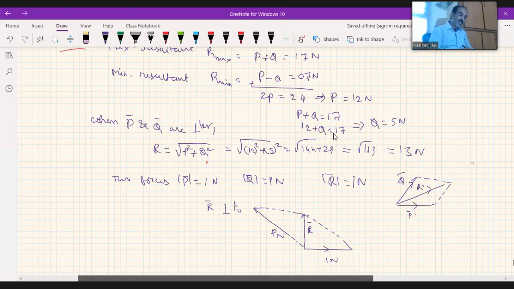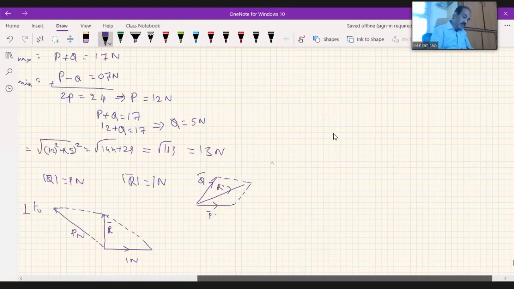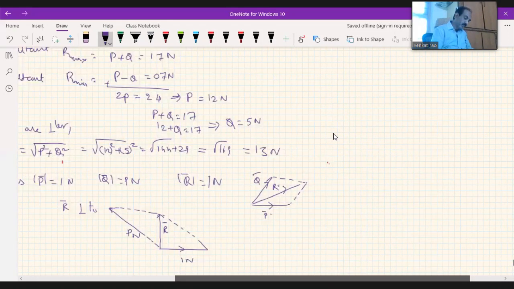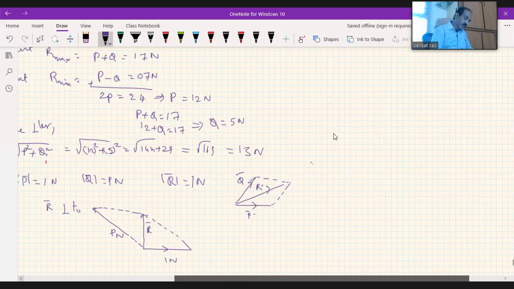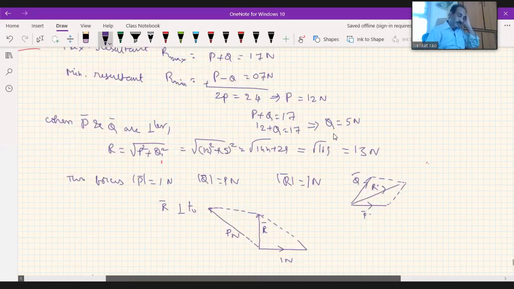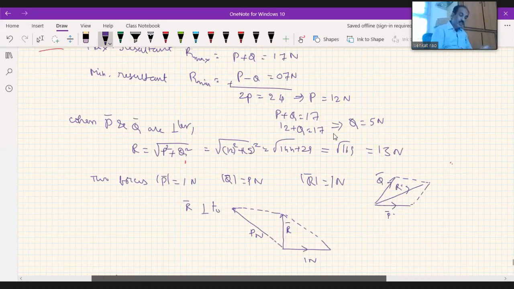Automatically, now without parallelogram law, by Pythagoras, this is P. So P square equal to R square plus 1 square, 1 plus 1 equal to P square.